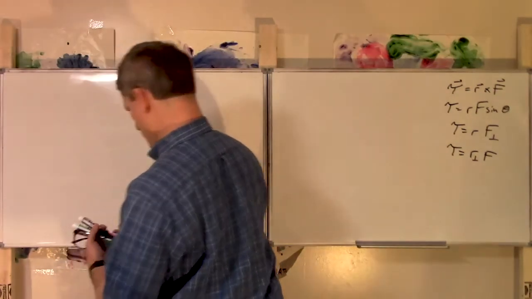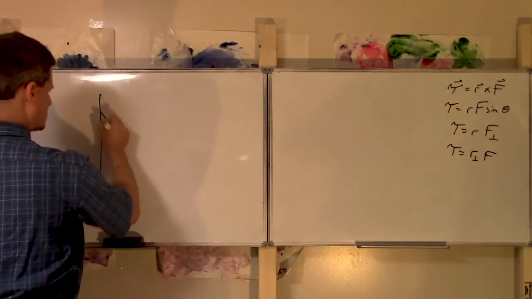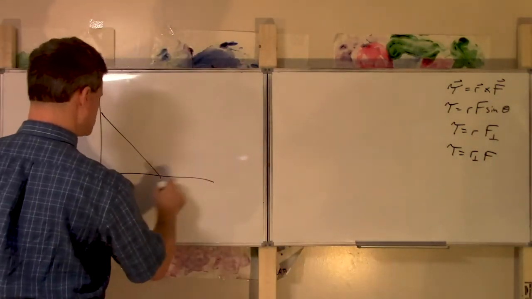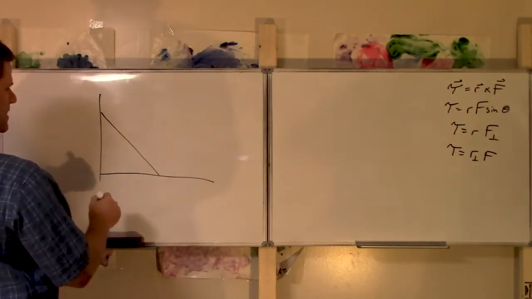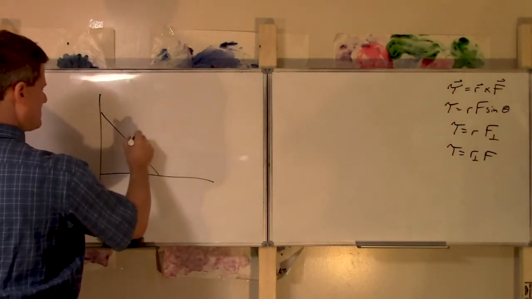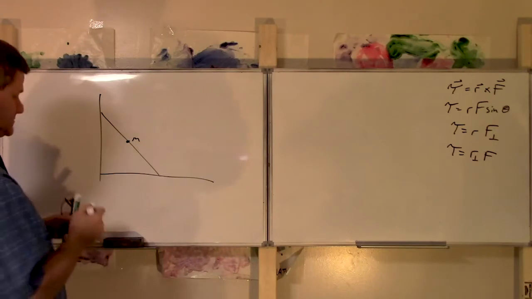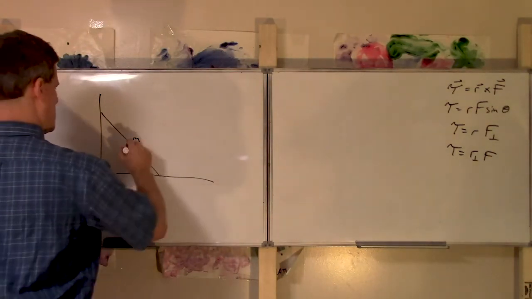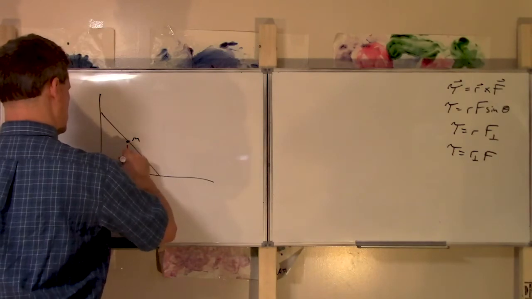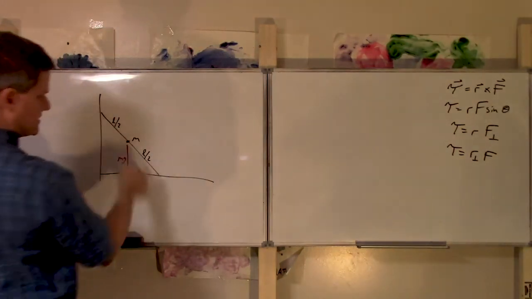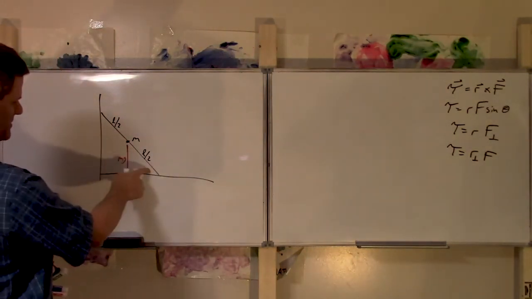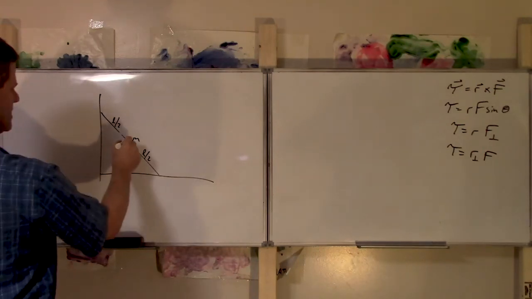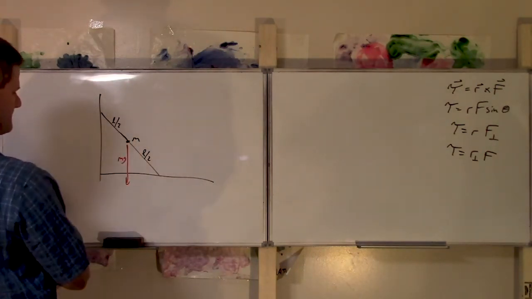In another example, you have a ladder against the wall. If we consider the mass of the ladder, there's a force going down, mg. The length of the ladder is L, so each half of it is L over 2. I'm just giving a brief example.